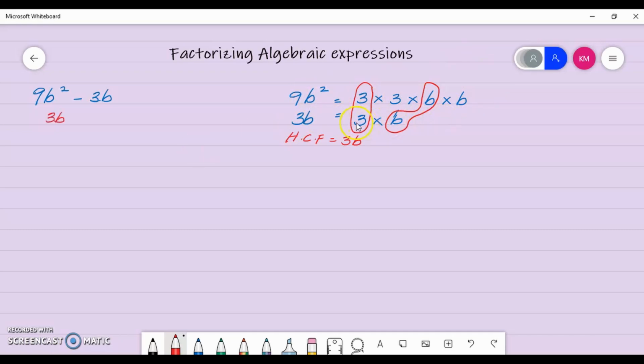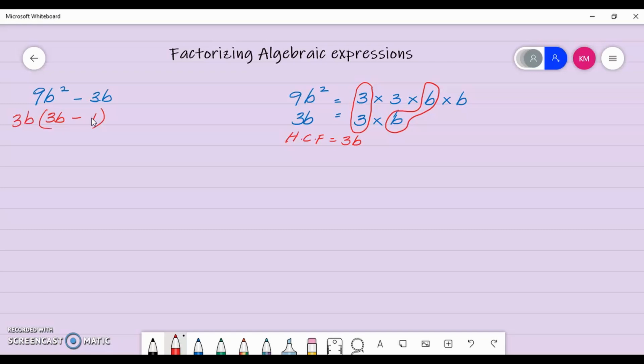And when I divide throughout by 3b in this expression here, what I am left with is 1. 1 is understood to be your remainder there. So it's going to be subtract 1, and this is going to be multiplied by your HCF, which is 3b.